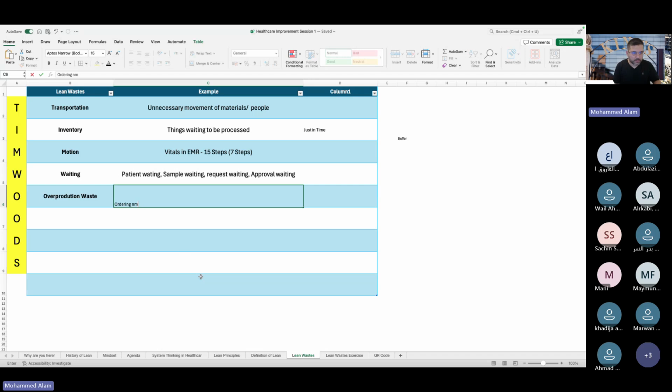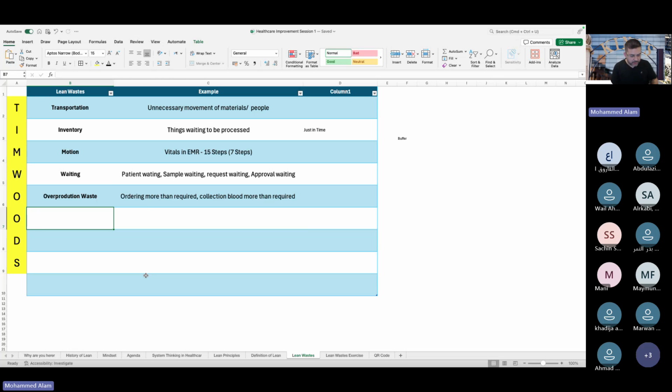Ordering more than required, collecting blood more than required. What else could overproduction waste be? When you're doing things which are not required. And it is a cost to the hospital, and more or less it is a cost to the patient, right? When you do more than needed.